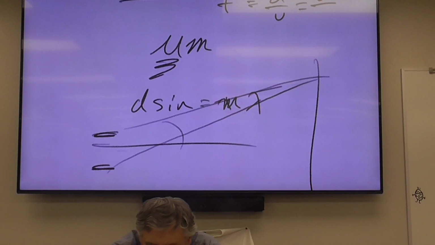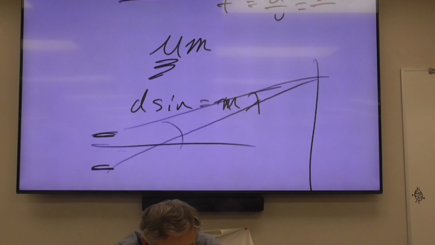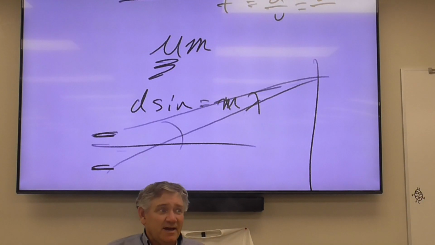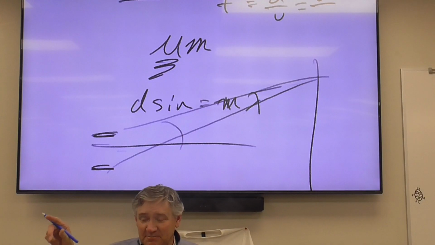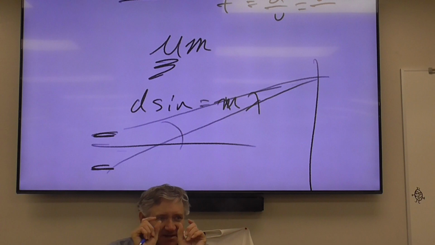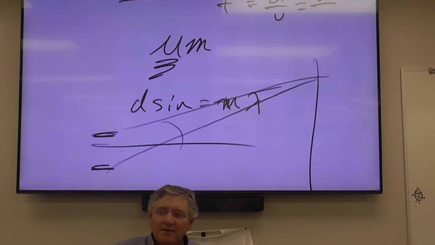Now, realistically, this is how we measure the wavelength of light, because we can't actually stop light in place and take a little ruler and measure it.